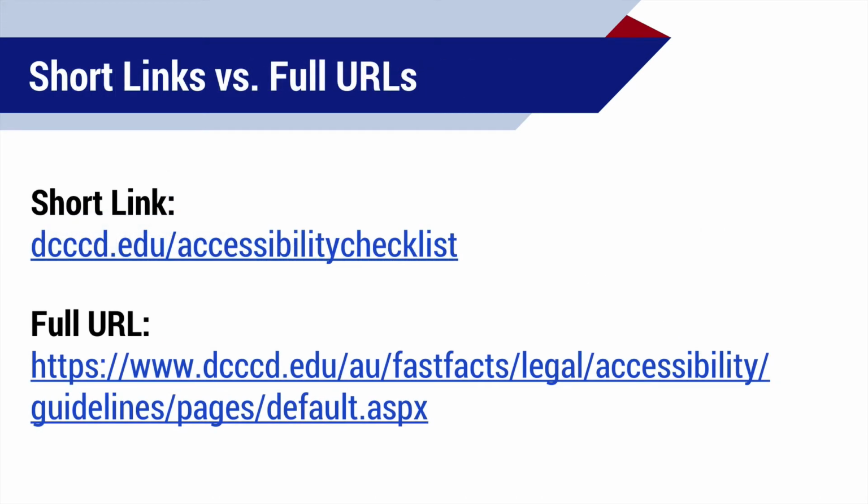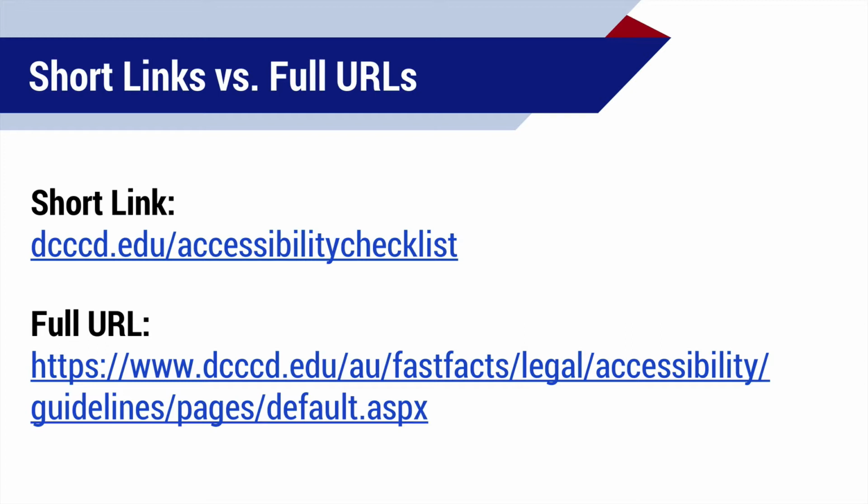If the full text of the URL is very long and you want to include it on a print document, you can use a URL shortener to create much shorter links to the same content. For example, the URL I just showed you was a short link created by our district web team.